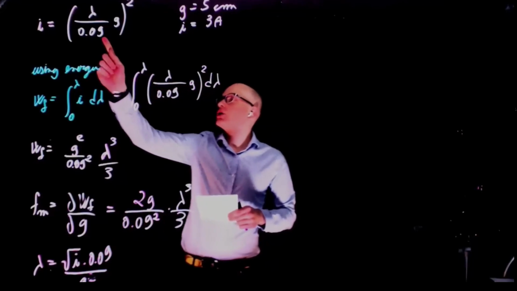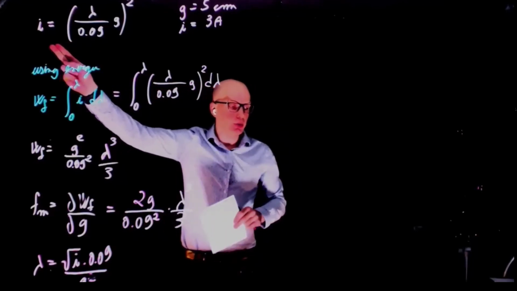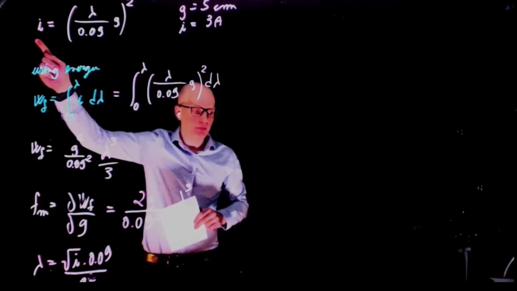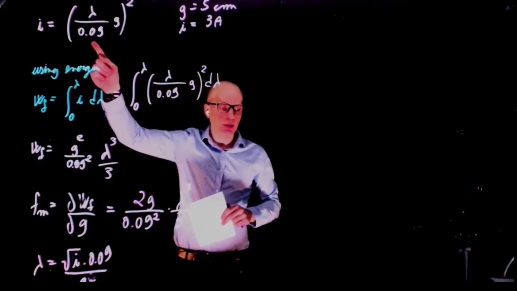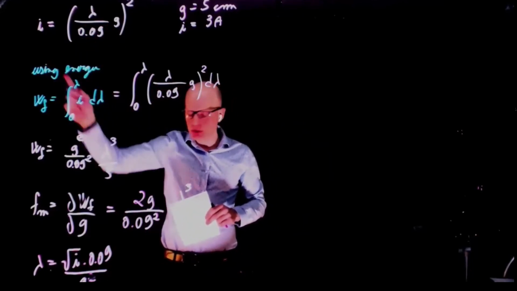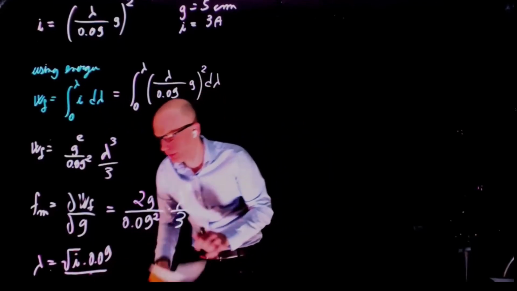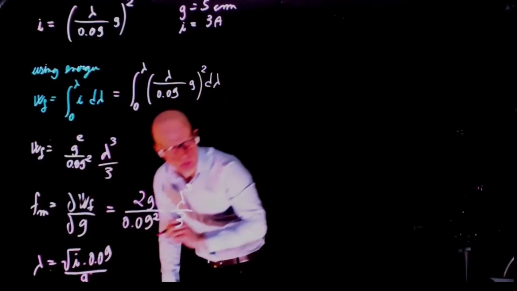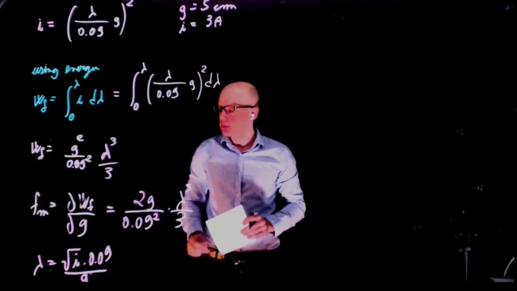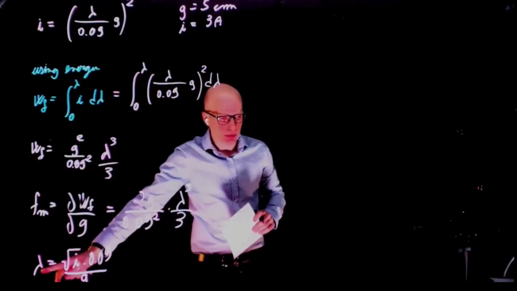Just to rearrange this equation, take the square root of both sides. That's the square root of I multiplied by 0.09, divided by G. You can see it there. And that's lambda.